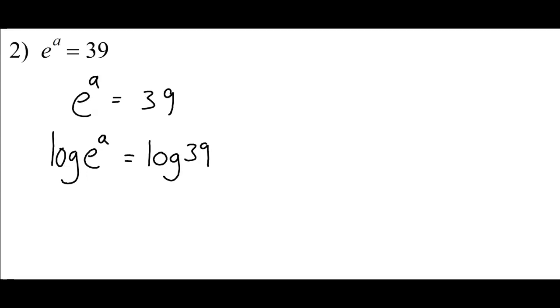Owen, what's the next step? Yep. Property C says I could take the A and multiply it to the front of the log instead. DeAndre, what's next?